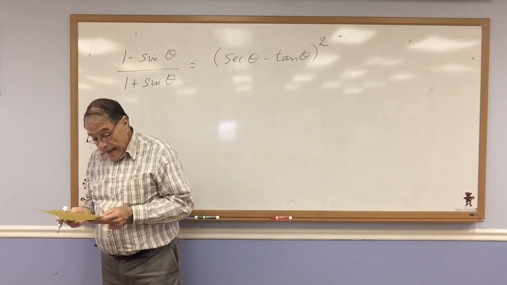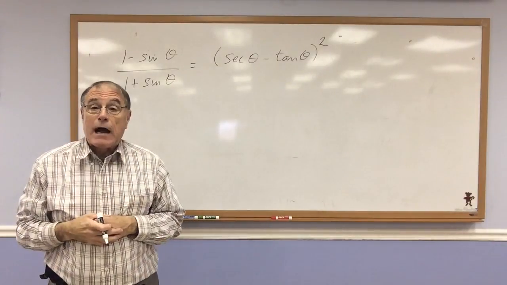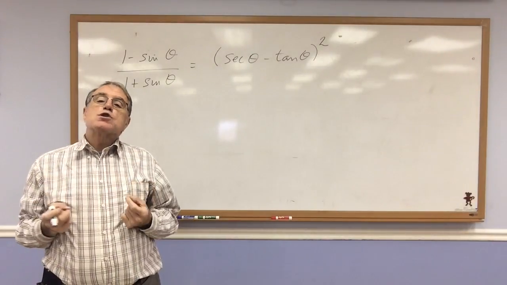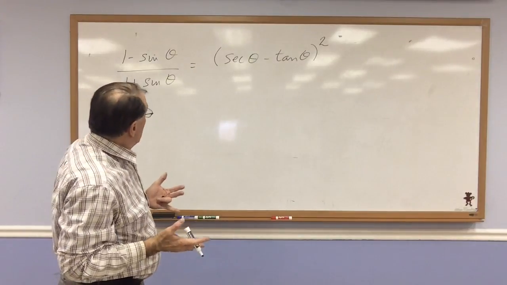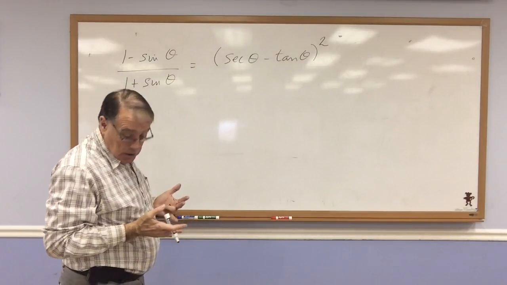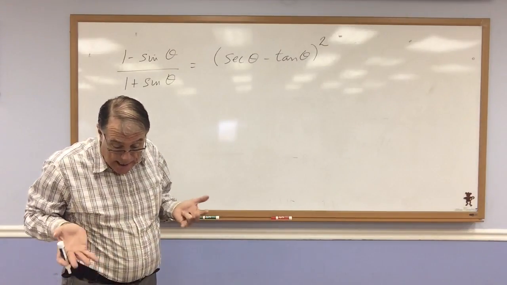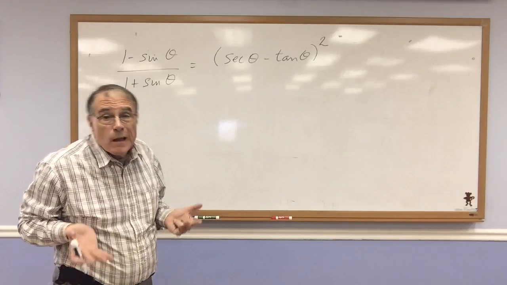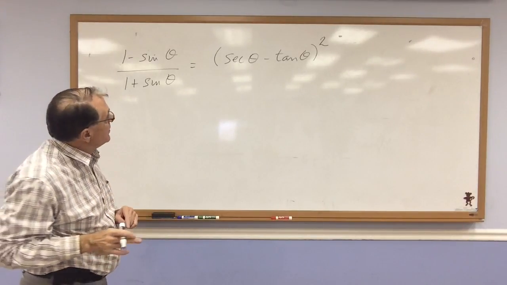And I must say, I've got my work cut out for me, because the rule is I can only work on one side of the identity, not both. And you might wonder, gosh, which side would I work with? Well, we're going to have to fudge a little bit, but I'll show you what we're going to do.